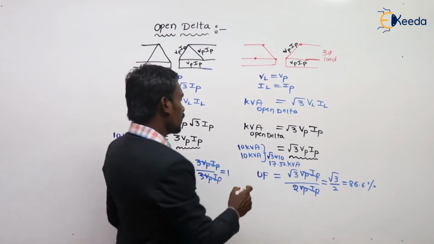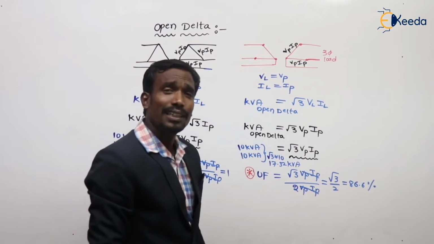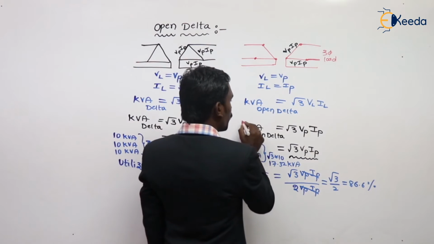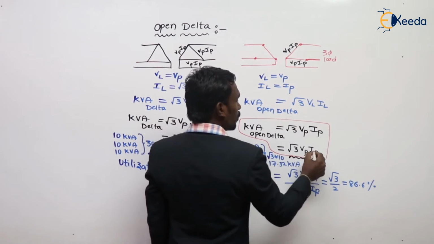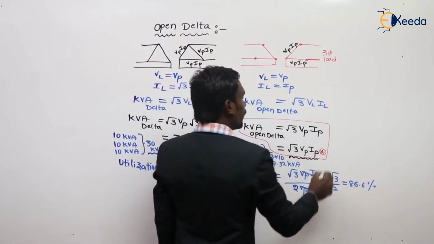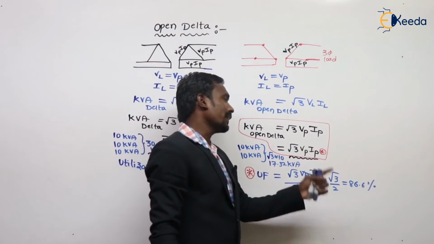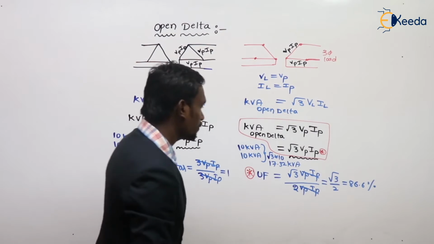The utilization factor of open delta is only 86.6%. The kVA rating of open delta is root 3 times V phase I phase, and the utilization factor is 86.6%.